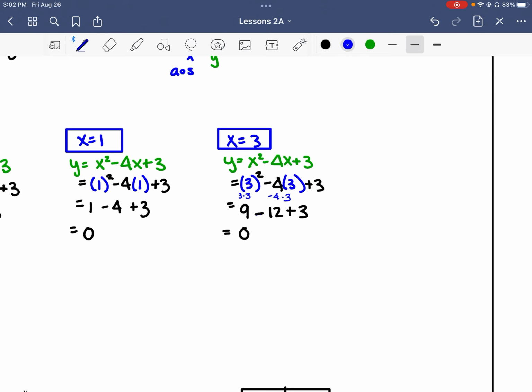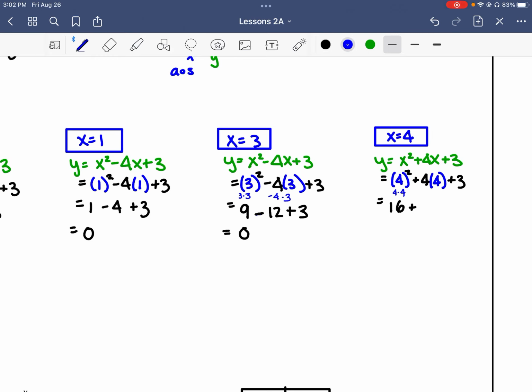And now I'm on my last one. X equals 4. My equation is y equals x squared minus 4x plus 3, but instead of x, I'm going to be plugging in 4. So 4 squared minus 4 times 4 plus 3. 4 squared is 4 times 4, which gives me 16.